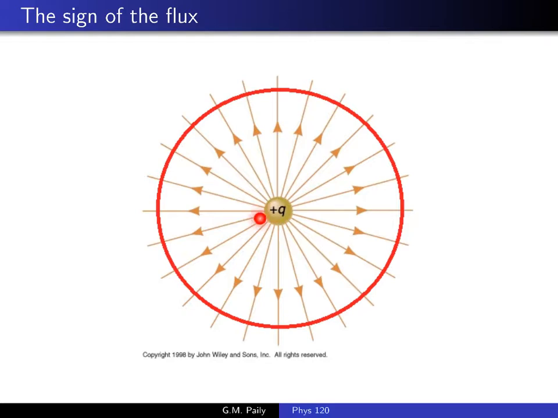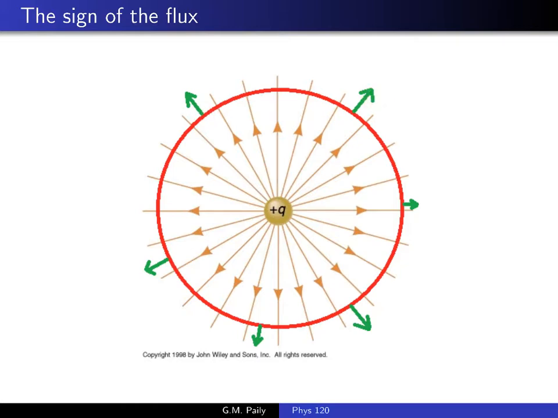Supposing now I take a positive charge and surround it by a sphere. Since I'm looking at it in cross-section, you only see a circle, but imagine that this charge is enclosed by a sphere. What is the sign of the flux? Well, since the sphere is a closed surface, we know that the area vectors are always pointing outward.